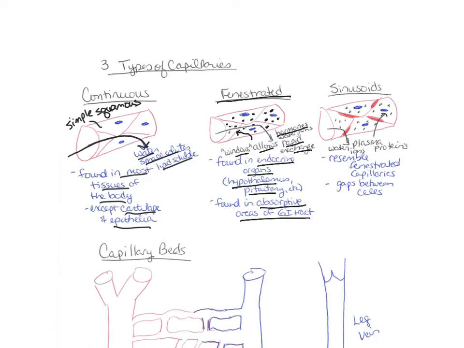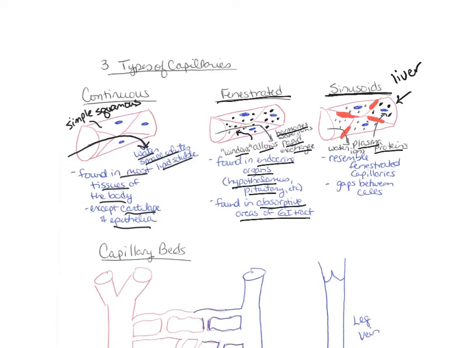Then finally we have these sinusoids, and there's not as many sinusoids in the body as there are continuous or fenestrated, but these sinusoid capillaries are found in areas like your liver. So these look a lot like the fenestrated capillaries. They have those little windows, those little pores, but in addition to that, they have these huge gaps in between those endothelial cells. So they're big gaps, so bigger things can enter and leave that blood vessel. For example, plasma proteins.